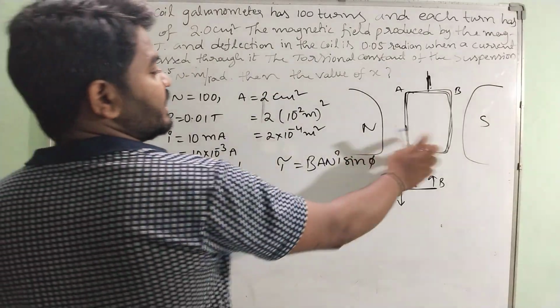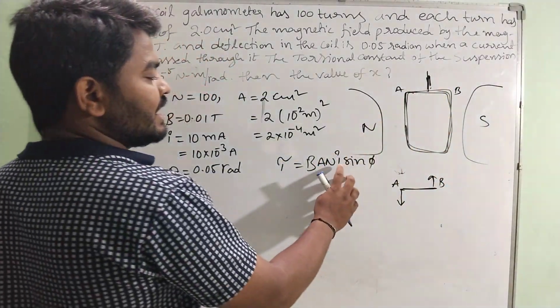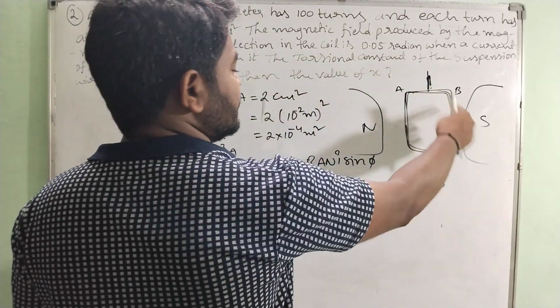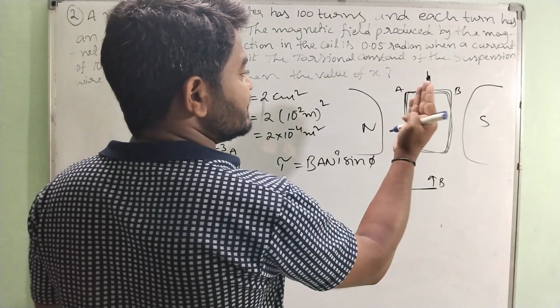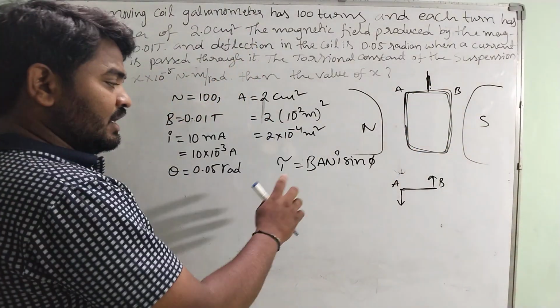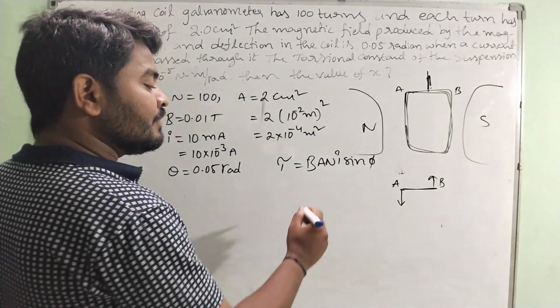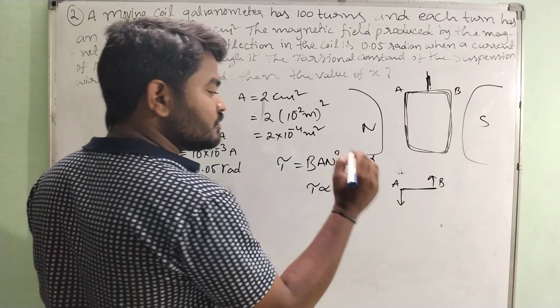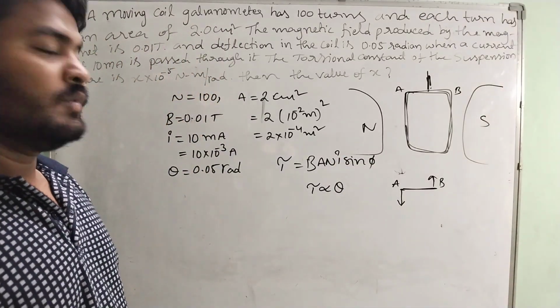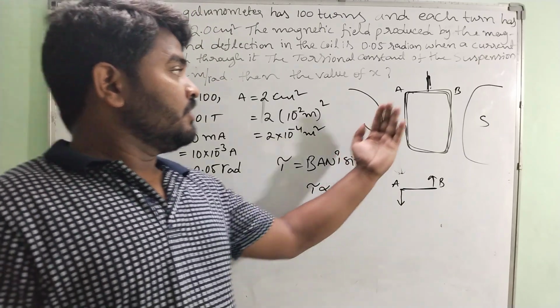B is the external magnetic field, A the area, N the number of turns, and I the amount of current passing in the conductor. If you send more current, the twisting will be more, and automatically the restoring torque will also be more. Here the restoring torque is directly proportional to theta.